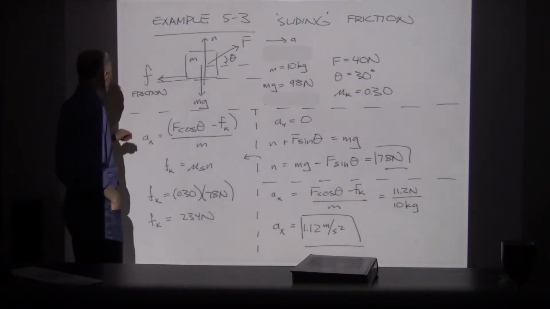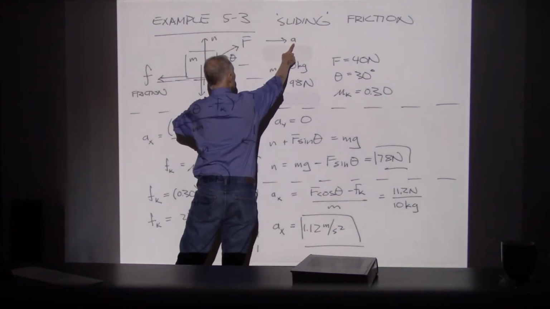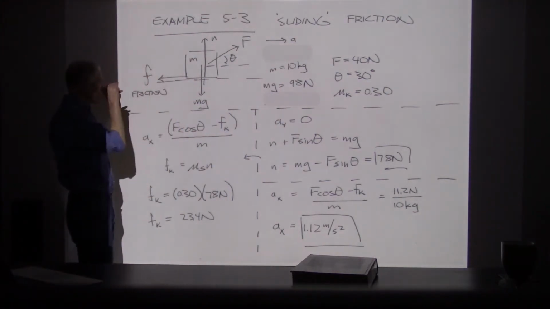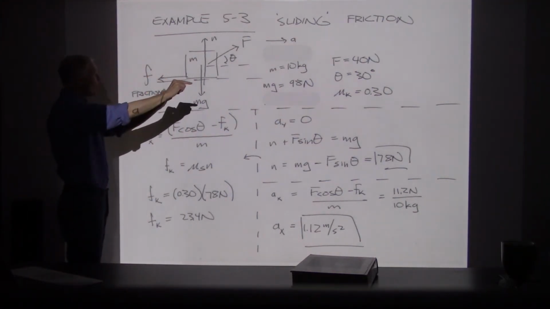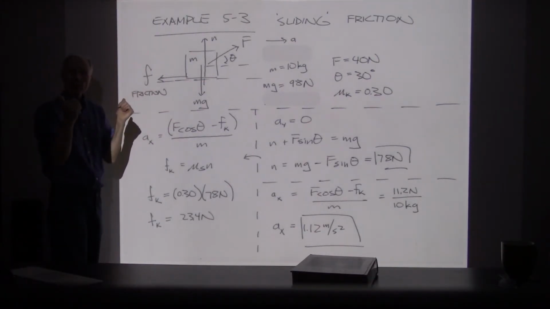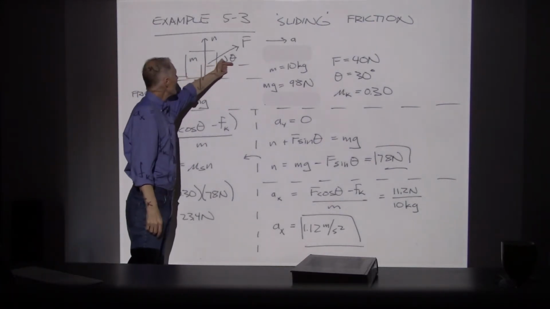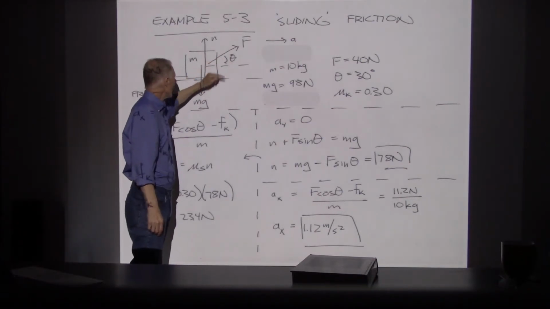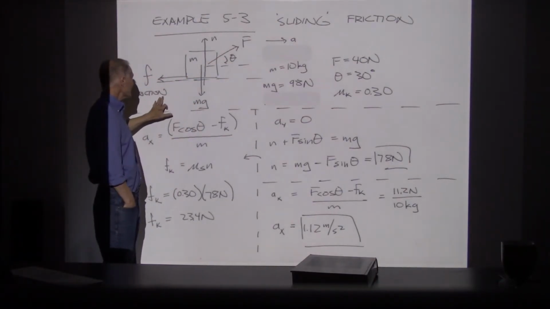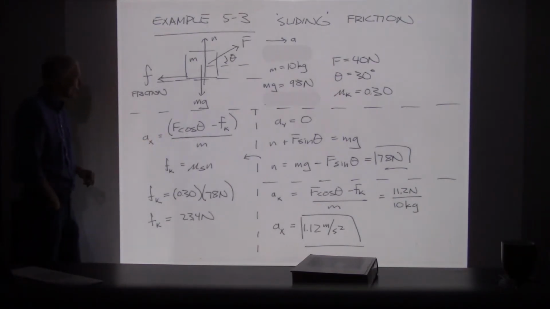And so the acceleration in the x direction is going to be all the forces in that direction, subtracting off all the forces opposing that direction. The force we have in that direction is F cosine theta. Again, draw that into the diagram. And then subtracting off the kinetic friction, and then dividing the whole thing through by the inertia.